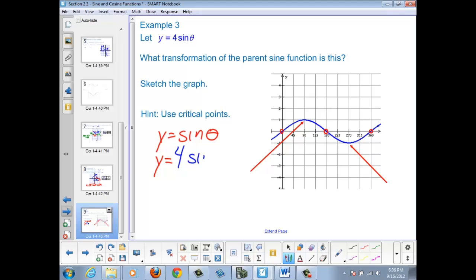We multiplied the entire equation by 4, so that means that we are performing a vertical dilation, since we took the whole function and multiplied it by 4. So we would say a vertical dilation by a factor of 4.